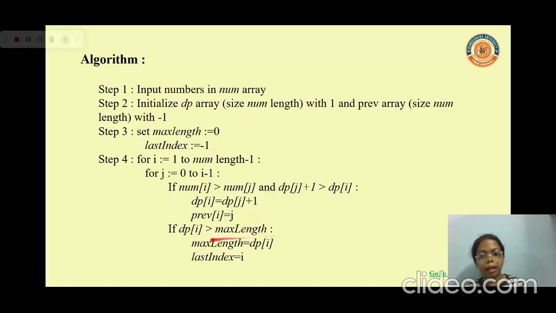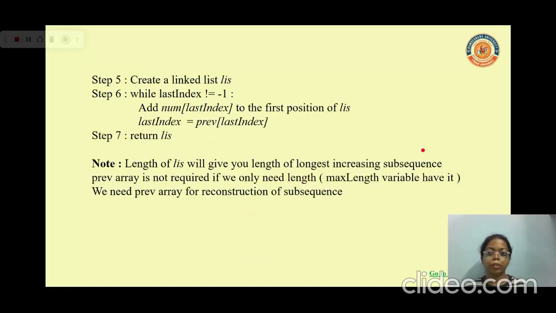And I am updating max length if I get a subsequence length greater than what I was previously considering for the whole array. So I will update it accordingly and keep track of the last index, that is i here, for which I was testing the subsequence.